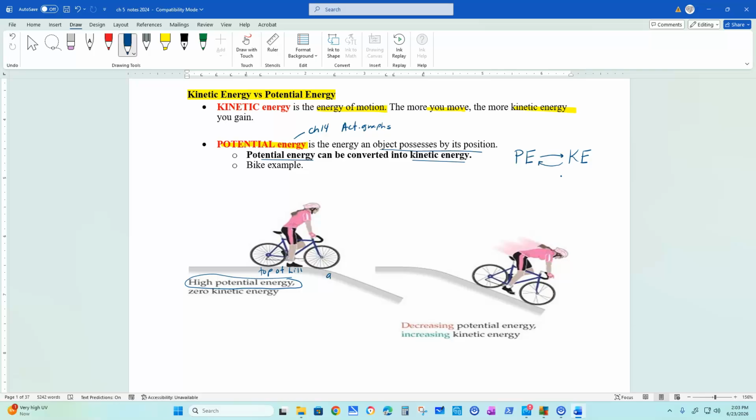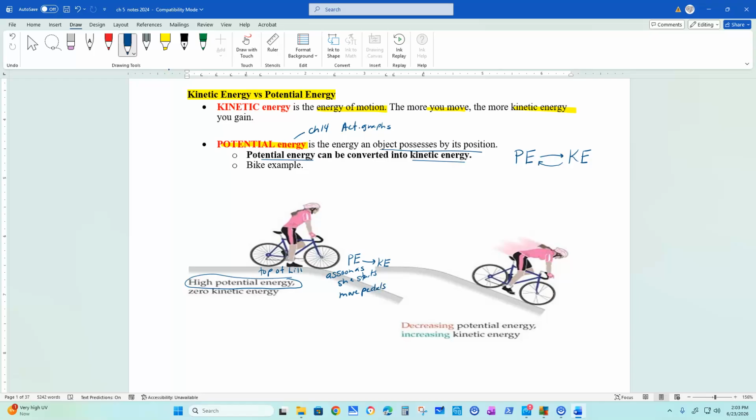As soon as she starts, she is going to take that potential energy and start converting it into kinetic energy. And why is that? Because she's got to move the pedals.